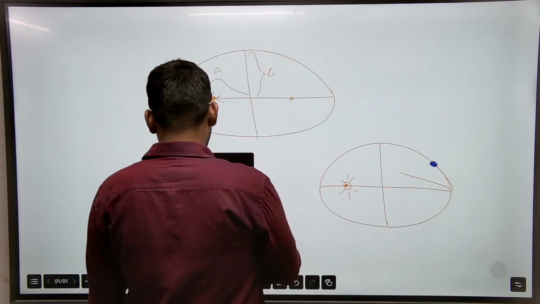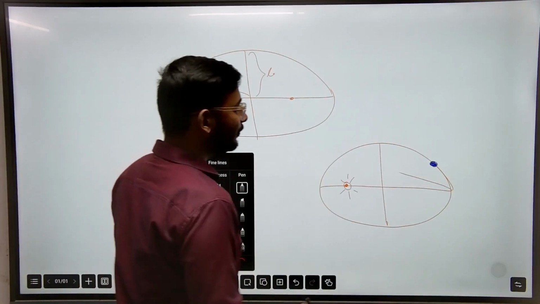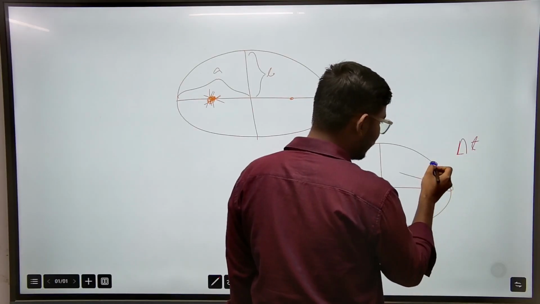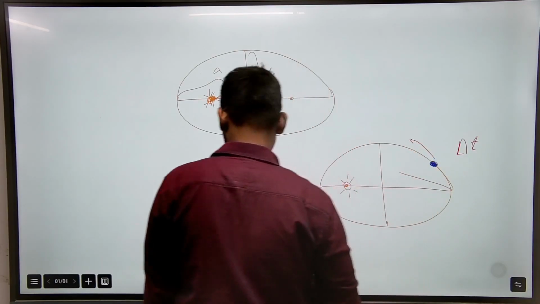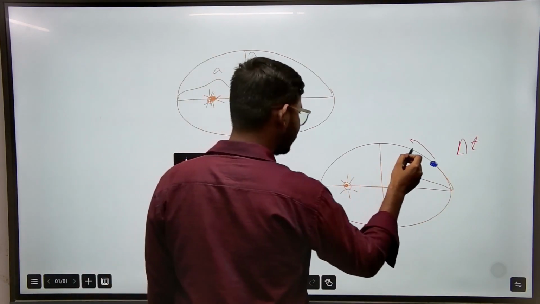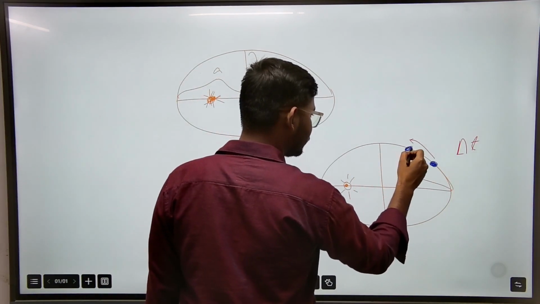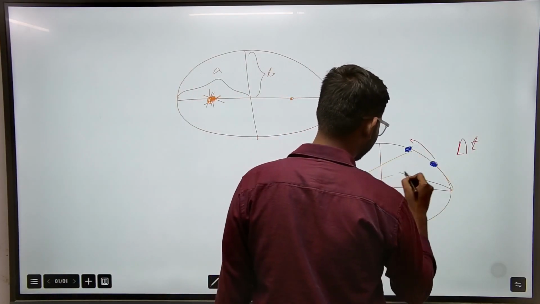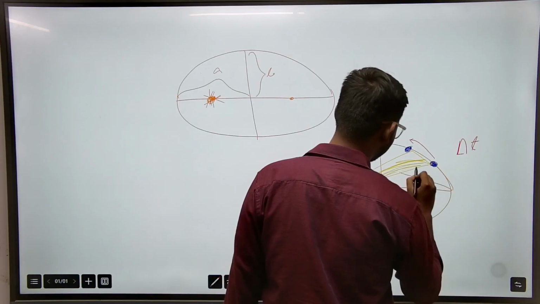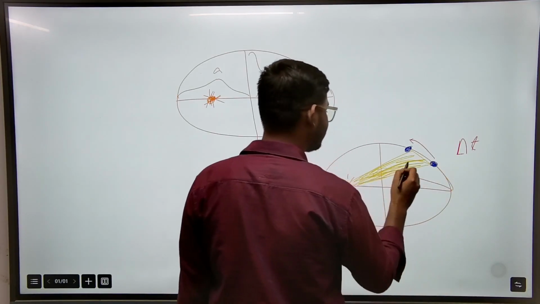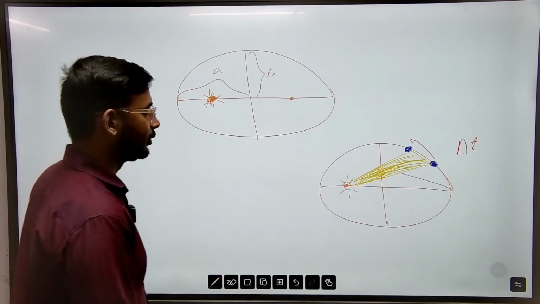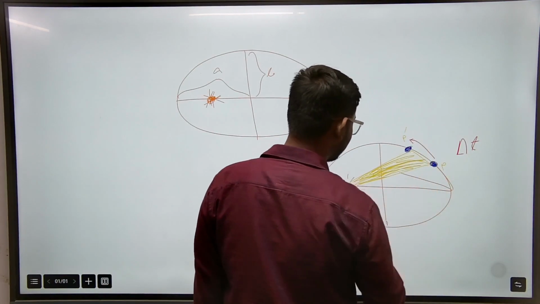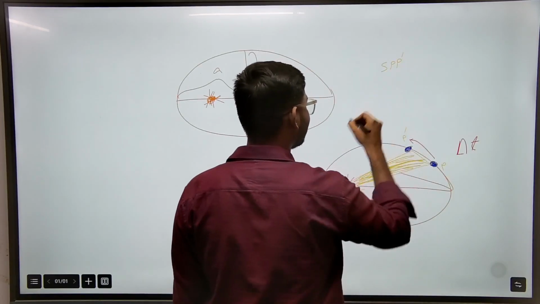Okay, after some time, delta t, let's say Earth has reached this point. Now let us find this whole area. Let's say the sun is S and this point is P dash. So the area will be S P P dash.